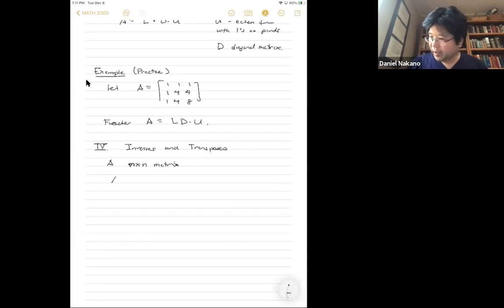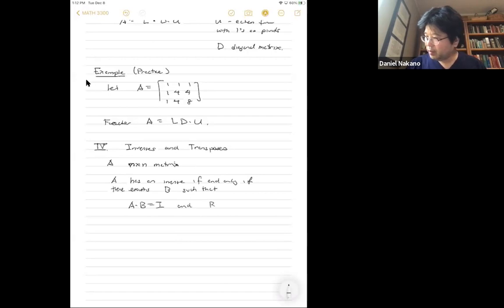We know that A has an inverse if and only if there exists a B such that A times B is the identity and B times A is also the identity.